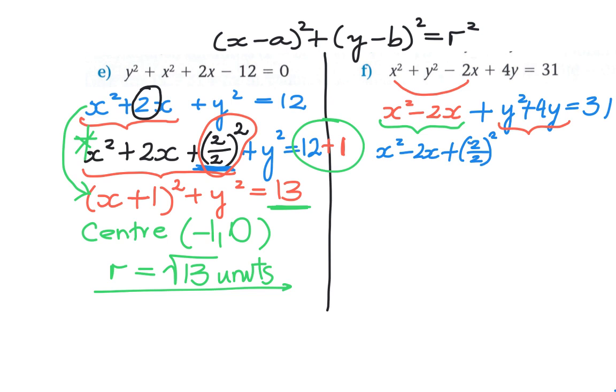Okay, if you want to write minus, it's also fine, but it will be plus the square of minus 2 over 2.